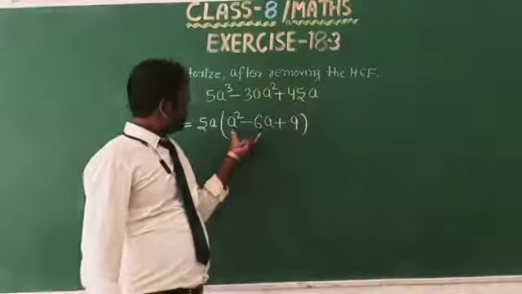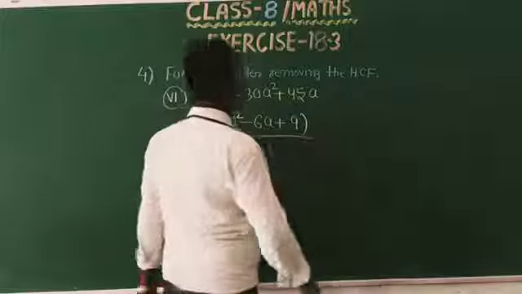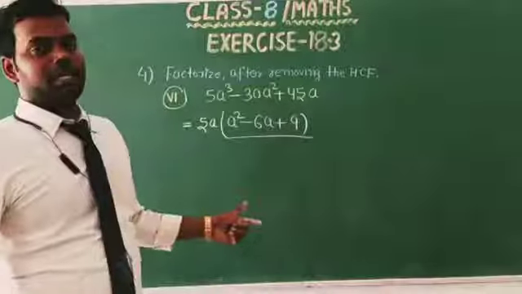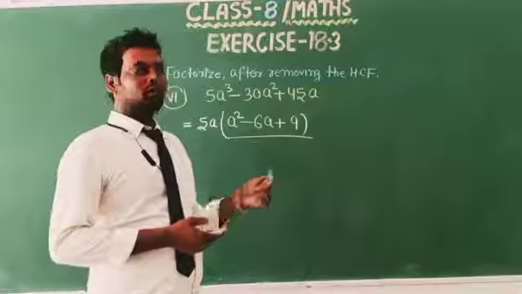In this expression a square minus 6a plus 9, the first and last terms are perfect squares.